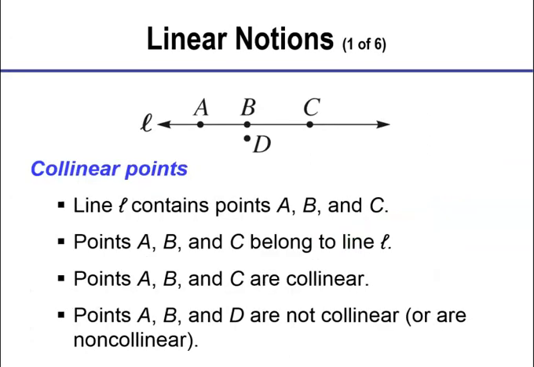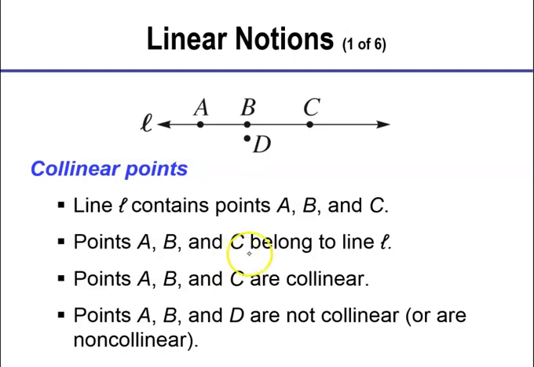Here let's discuss collinear. What does it mean for points to be collinear? Well, it means all the points are contained on the same line. So you'll notice here that points A, B, and C are collinear, but D is not collinear with line L. So line L contains points A, B, and C, like we just said.